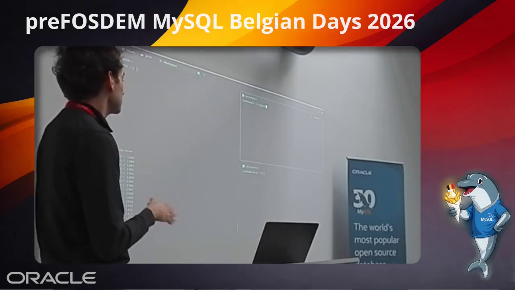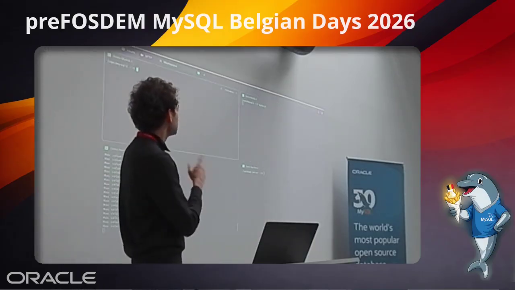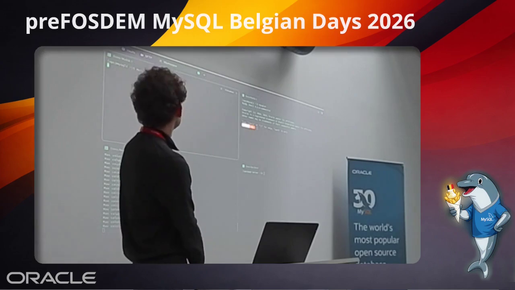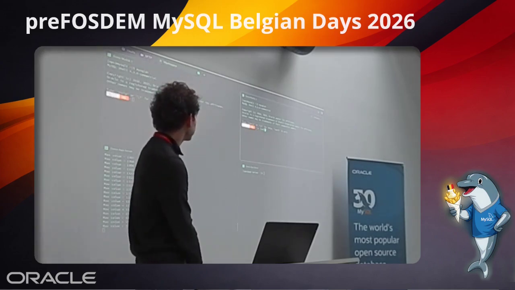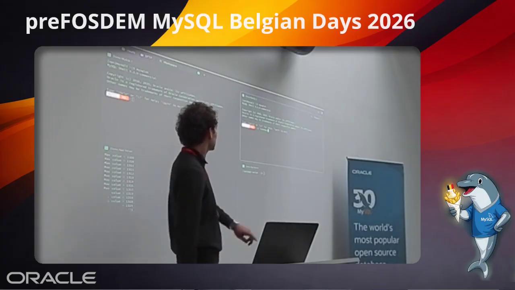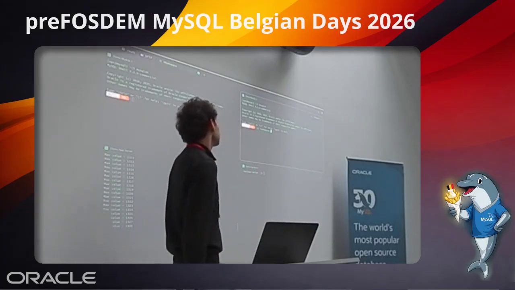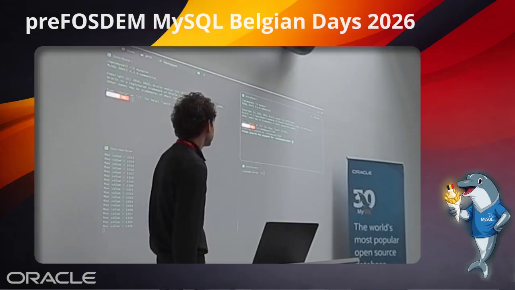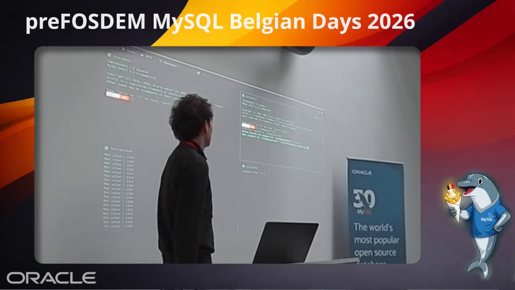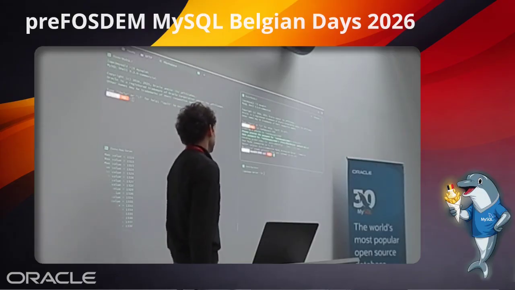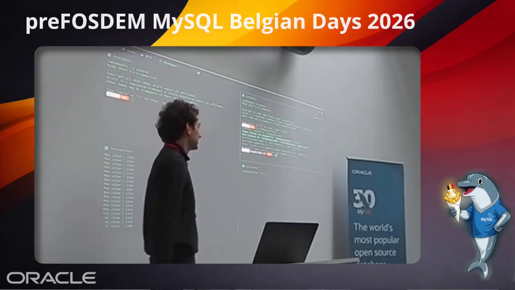I can just remote into it. And let's see how my replication is doing. So this is the replica of my replication setup, and I'll just connect to it locally. I don't like saving passwords at all.